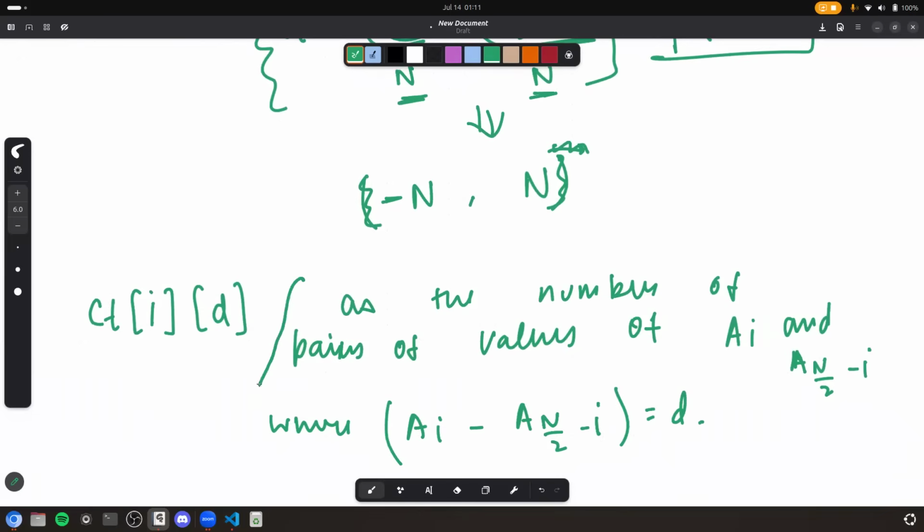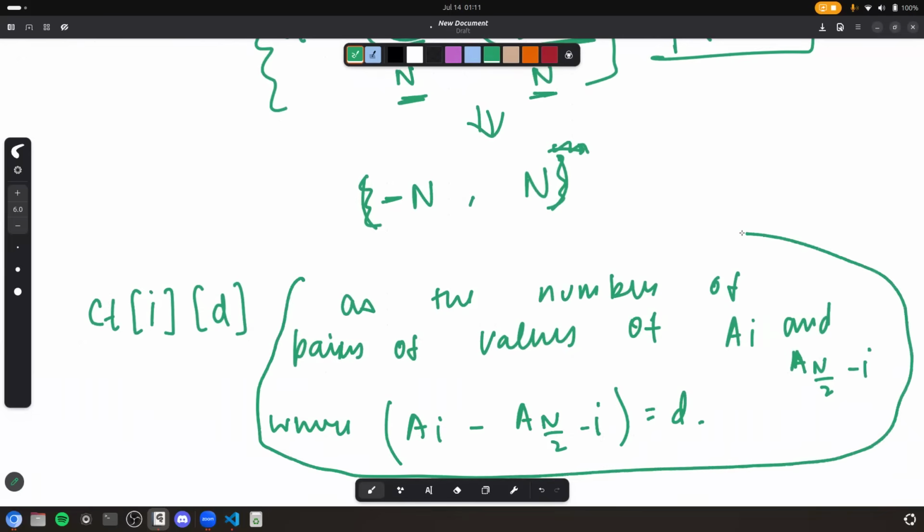So we can just count the number of these pairs as d. So now we know for all d how many pairs would give me the value d.